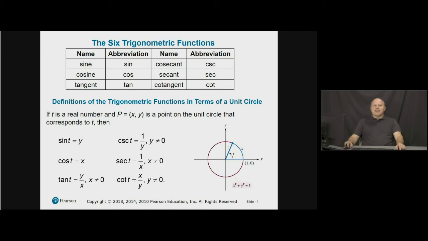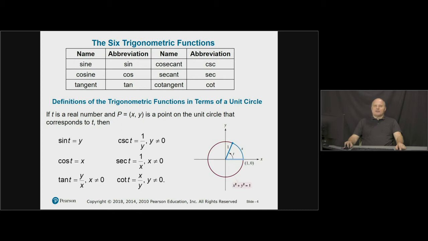Now the cosine of t is the x-coordinate of that unit circle. So it would be x over 1, because it's the ratio of the x-coordinate to the radius of the circle. Again, the radius is 1. Now, the tangent of t is the y-coordinate over the x-coordinate.